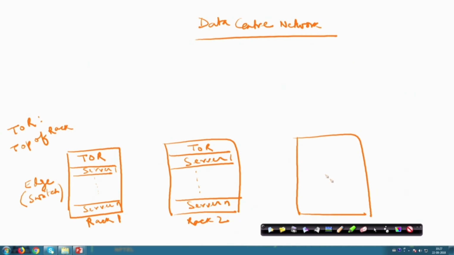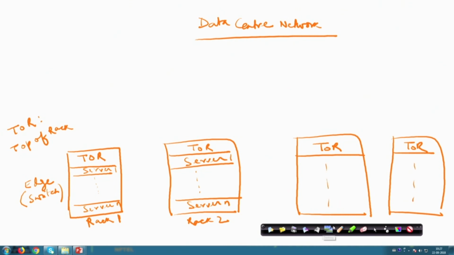Like this, we will have other such edge devices in a data center. So, we will have these different TORs with different servers, and this will be rack 2, rack 3, rack 4 and rack n. So, we will have all of these.